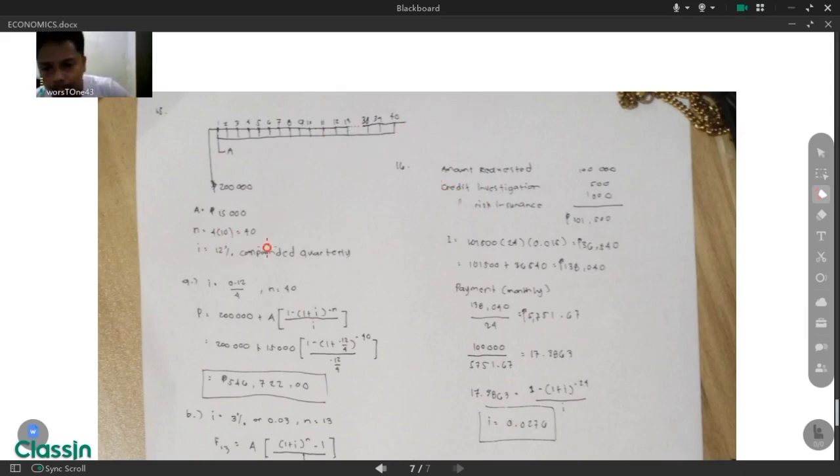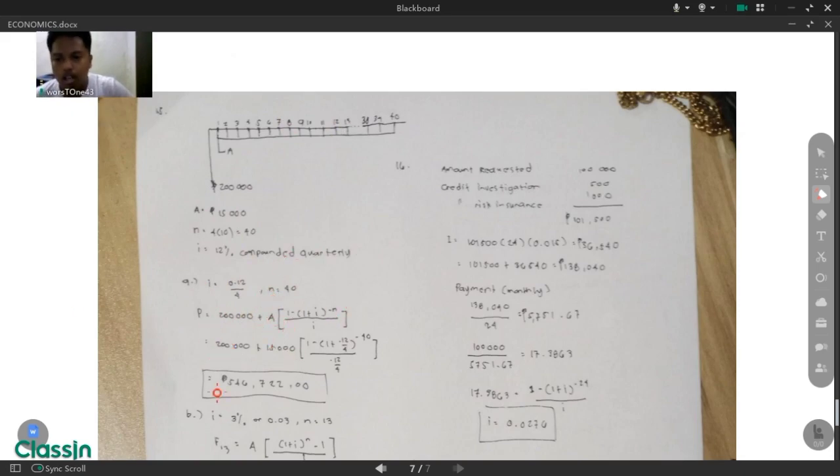Here, n equals 4 times 10, which is 40, and the interest by the seller is 12% compounded quarterly, mode of compounding 4. We have i = 0.12/4, and n = 40.